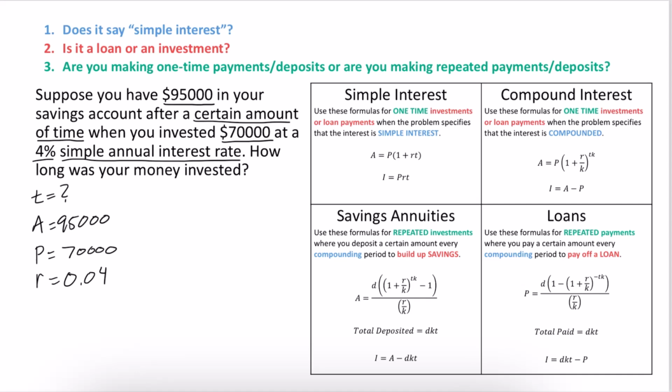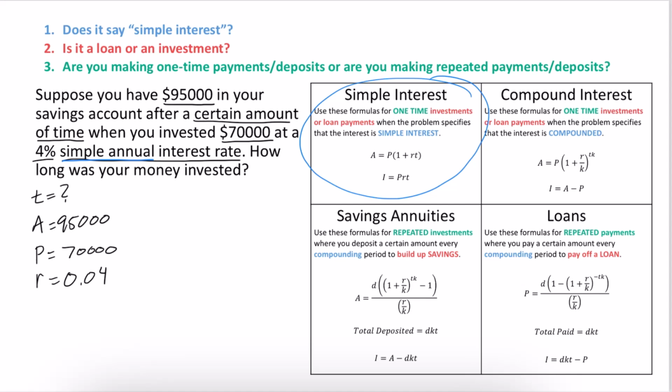And this problem's really easy to identify which formula section it is because it says simple annual interest rate. And so that automatically means that we're going to be doing the simple interest section. And we could also figure that out just from the variables because all of the other sections require a K, like compound interest, savings, annuities, and loans all need to know what K is, which is the frequency that you're compounding the interest at.